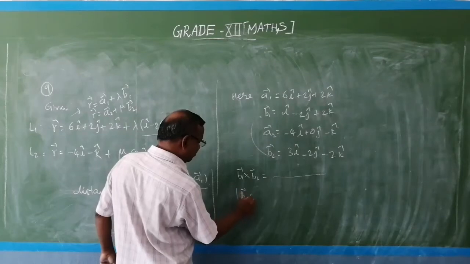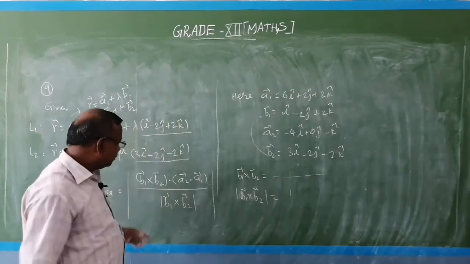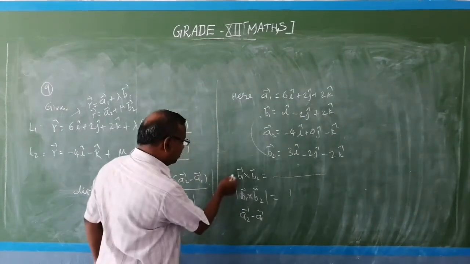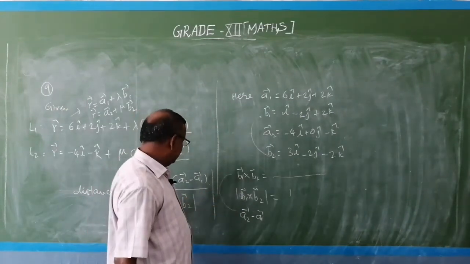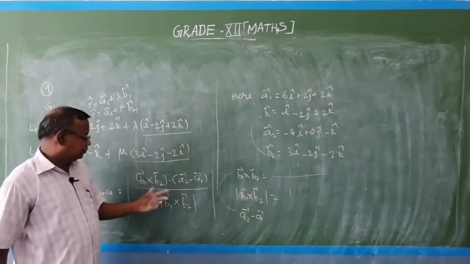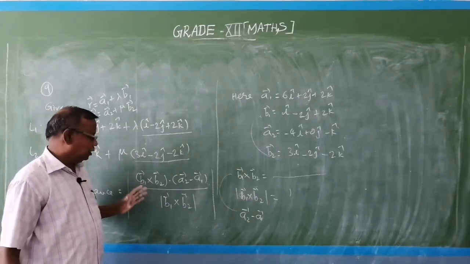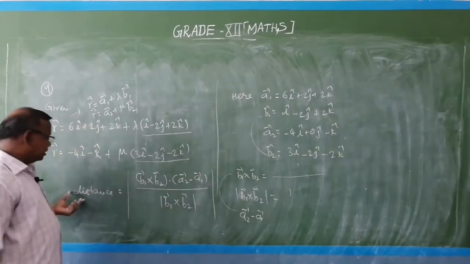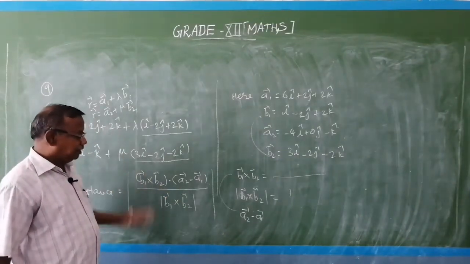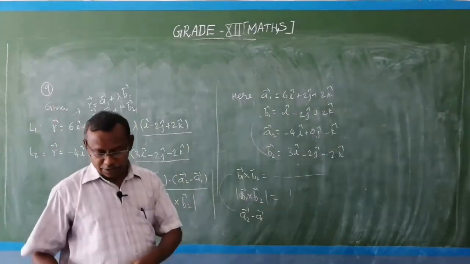Then find a2 vector minus a1 vector and take the dot product between these two. It becomes the numerator, and the modulus of b1 cross b2 becomes the denominator. If the value is negative, we need to take only the absolute value, because distance cannot be negative. Finding all these values and substituting, you will get the answer.